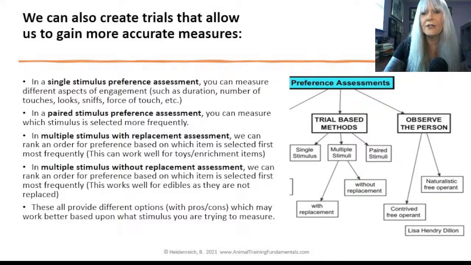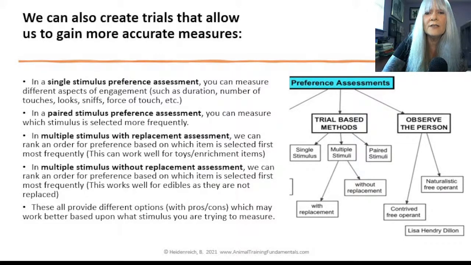It's not contrived. We're just observing our animal and seeing what it engages with. We take note of how long the animal engages and what level of interest it shows, based on things we could measure. We'll talk about that a bit more later.